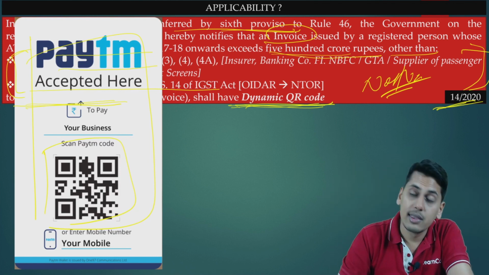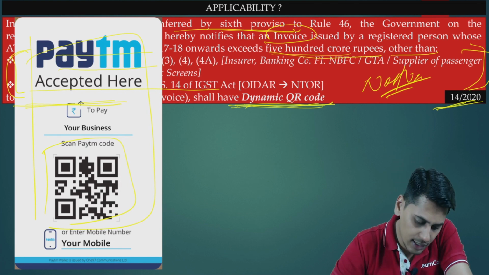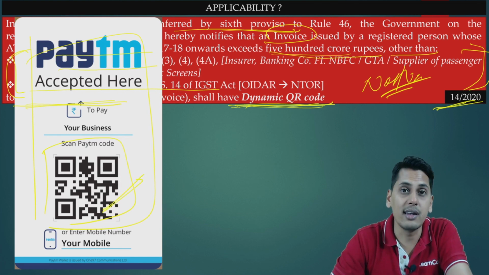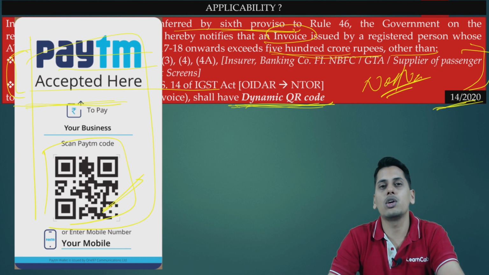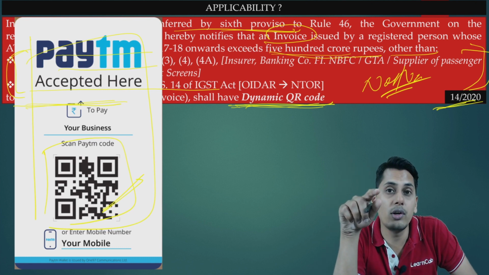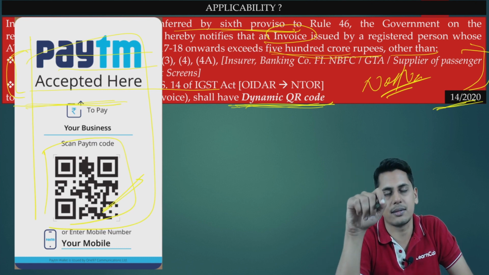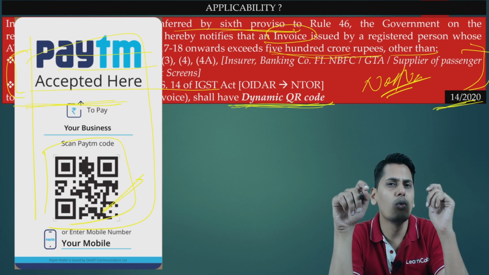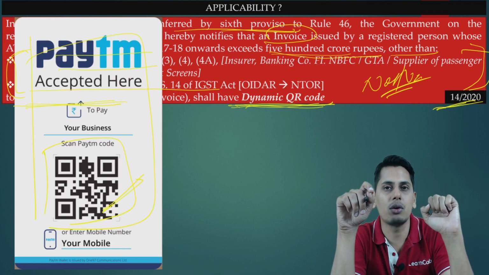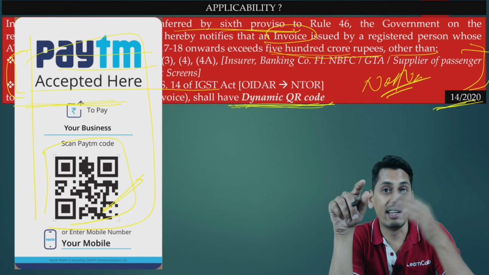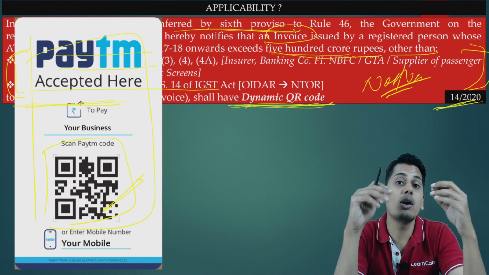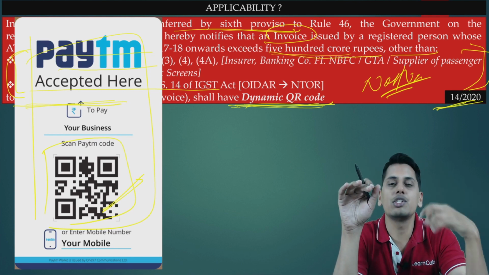Now friends, here the requirement is not of a static QR code, unlike what is there on your screen. The requirement is of a dynamic QR code, which means the QR code is going to be unique for each invoice. The moment you scan the QR code, it is directly going to give you the details of the invoice. You need not even punch in the amount you need to transfer.